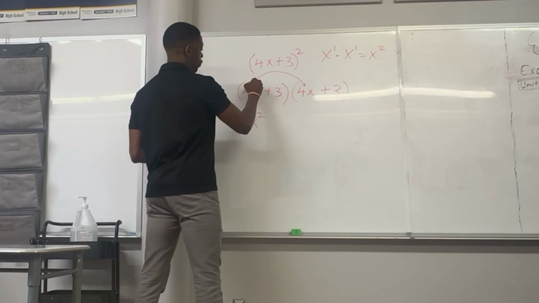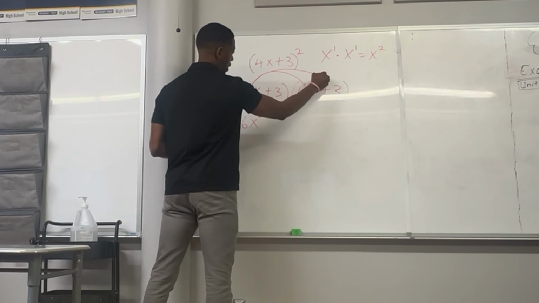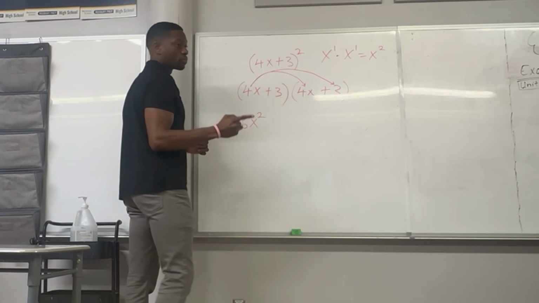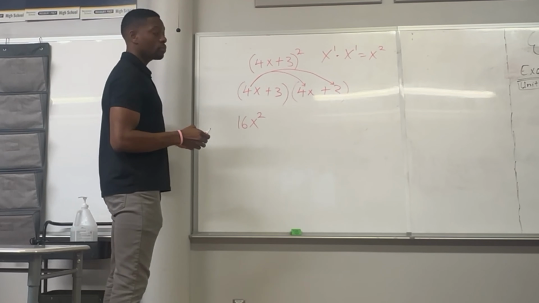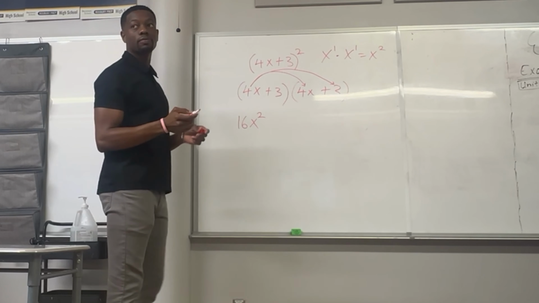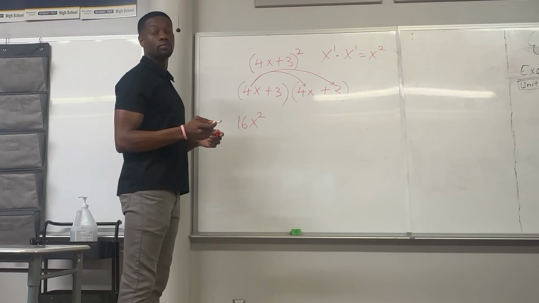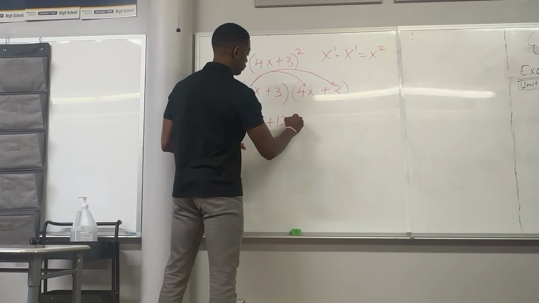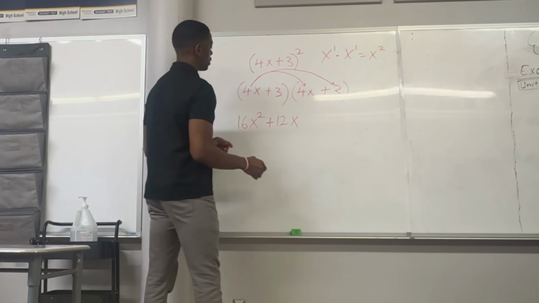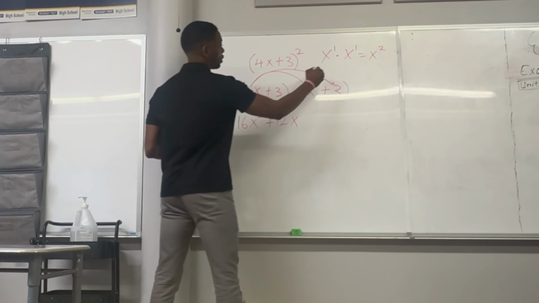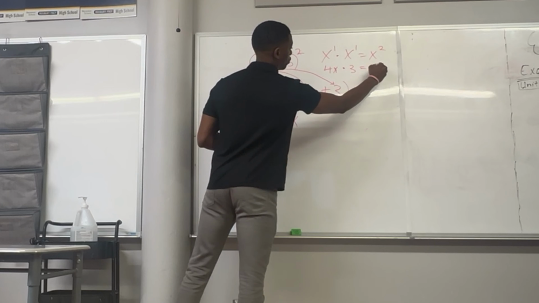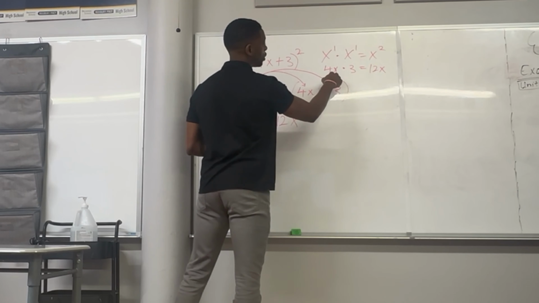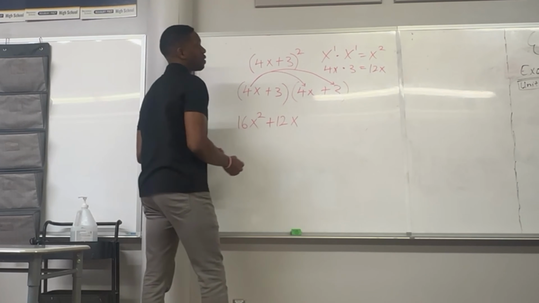We'll move on to the next one. 4x again times 3. 12 what? 12x, right? Positive 12x, because 4x times 3 gives you 12x. There's only one x, so there's just one x.